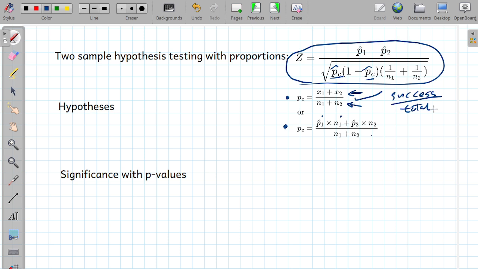The only time that you really don't need to do that, and you can just take the average of the two p-hats, is if the sample sizes are the same, because then you don't have to worry about a weighted average. But that rarely occurs in reality, so these two formulas get used quite a bit.